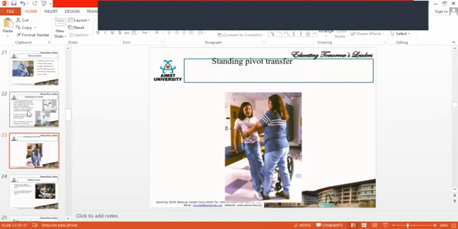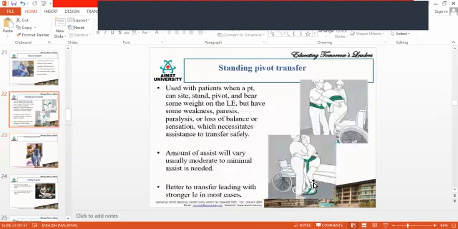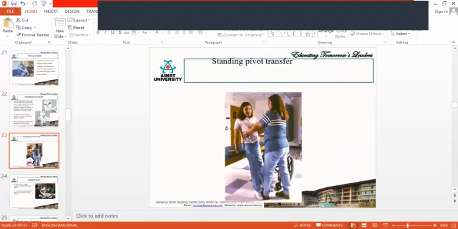So first you will give training using the pivot. Once the patient is able to do it, then slowly you will be giving training without the pivot. Okay, so that he can go back home and continue to practice this. So this kind of transfers you will normally be teaching to the patients, caretakers or assistants.